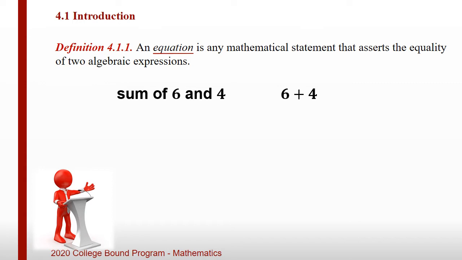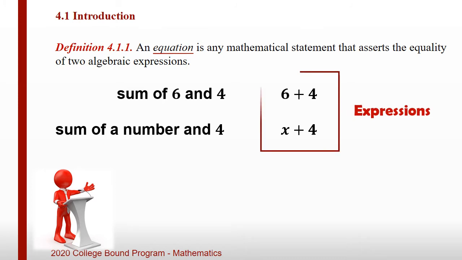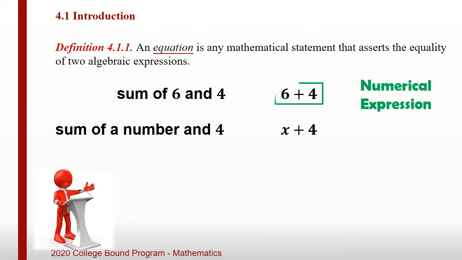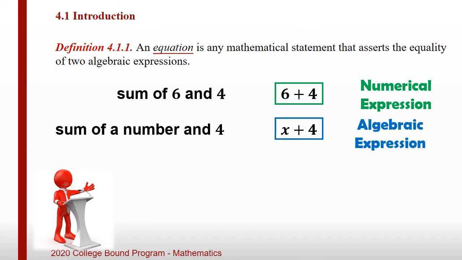Another one, the sum of a number and 4, can be written as x plus 4, where x is an arbitrary variable. From the previous discussions, we know that these two are called expressions. The first one, being composed of only numbers, is a numerical expression, while the second one, because of the presence of the variable x, is an algebraic expression.